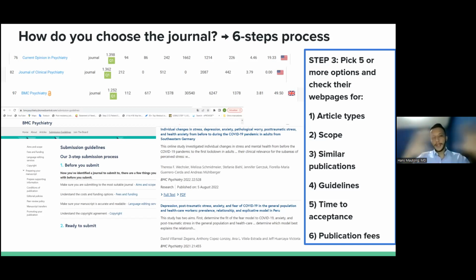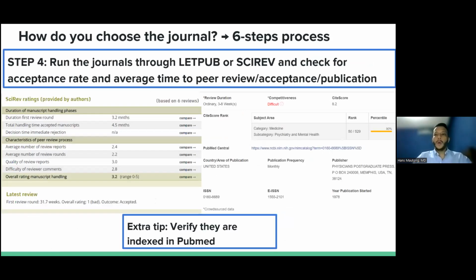Okay, so once you have gathered all of these variables, you should always use tools like LEDPUB or SciRep. So step 4 is to run the journals through LEDPUB or SciRep and check for acceptance rate and average time to peer review, or average time to acceptance, or average time to publication. So you can have some sense or grasp about how long the peer review process would last, because sometimes you have time-sensitive research.